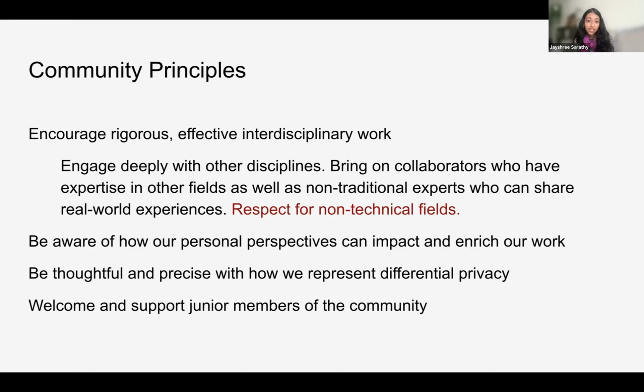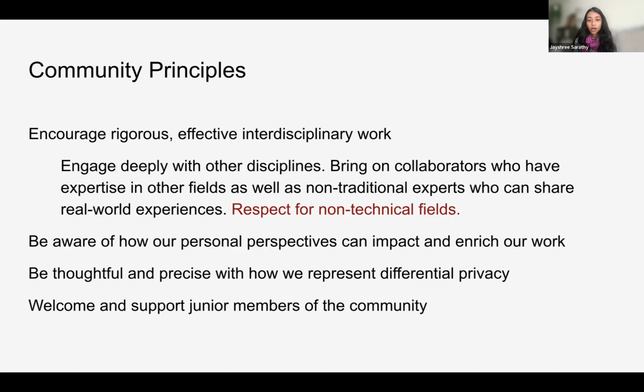And speaking of community, we talked a little bit in the morning about community principles. Like we said, this is just a starting point that we, the organizers, came up with, as guidelines that we can think of as we continue to build out this community, and also bringing in some of the suggestions from the morning. So: encouraging rigorous, effective interdisciplinary work. As a couple of people pointed out in the morning, respect for non-technical fields, and working across different fields with equal footing.